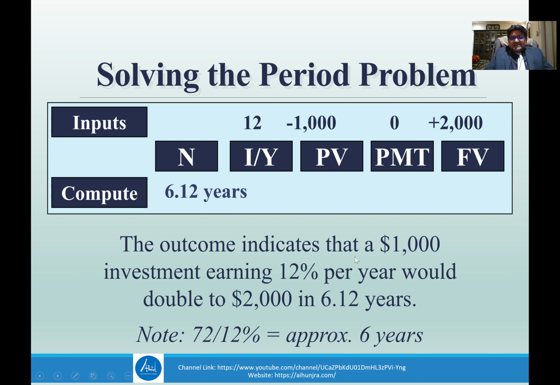The outcome indicates that a $1,000 investment earning 12% per year would double, which is 2000, in 6.12 years. Note, rule of 72 gives approximately 6 years, while the overall calculation is 6.12 years.